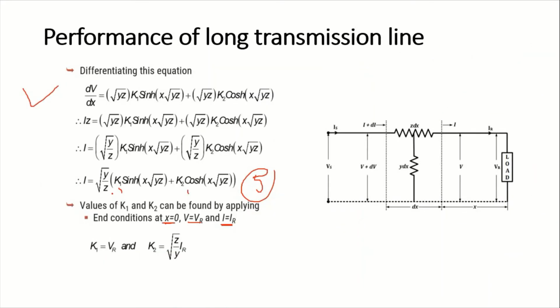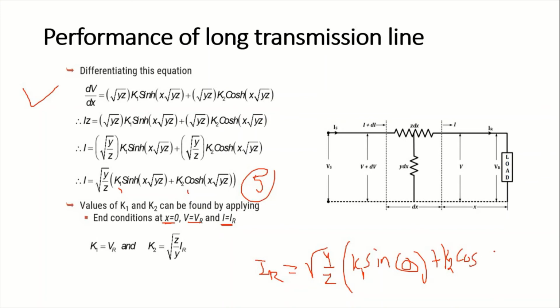Now from this equation put I = IR and x = 0. So this equation becomes IR = under root Y by Z in bracket K1 sin 0 plus K2 cos 0.